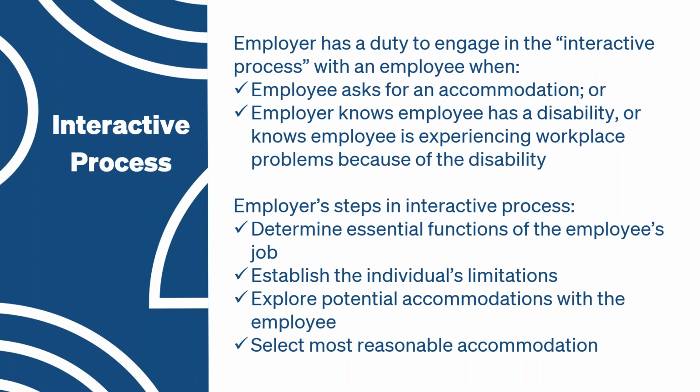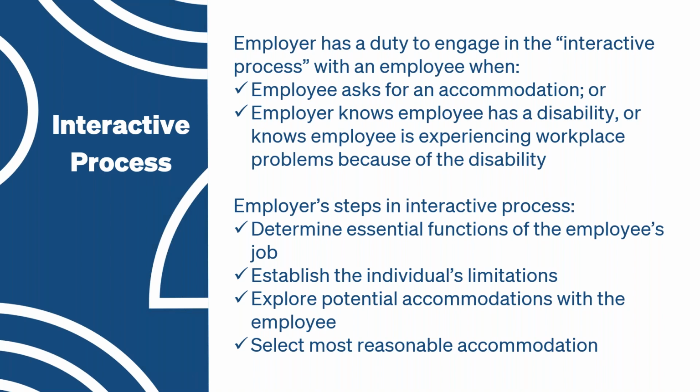You do not have to give the employee their first choice of accommodations, as long as you provide an accommodation that is reasonable. If you have a list of accommodations that are reasonable, the employee does not get to choose from that list. If you've got multiple options that are reasonable, you can choose the one that you would like to provide.